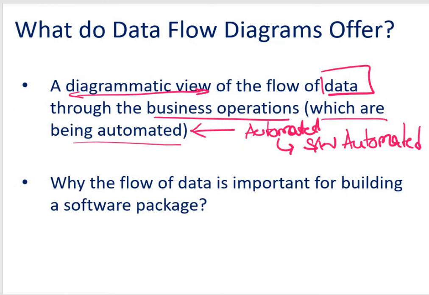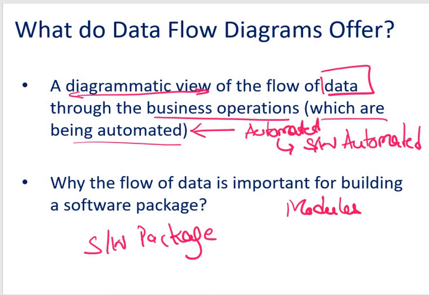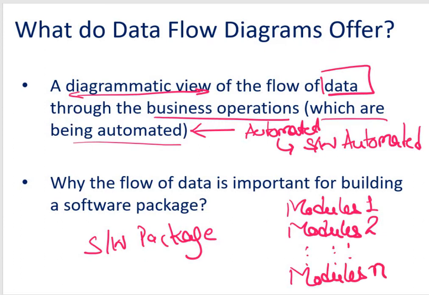So now, why is the flow of data important for building a software package? The question is, why is the flow of data important for building a software package? So in any software package, there will be several modules. And these modules will be interacting with each other.